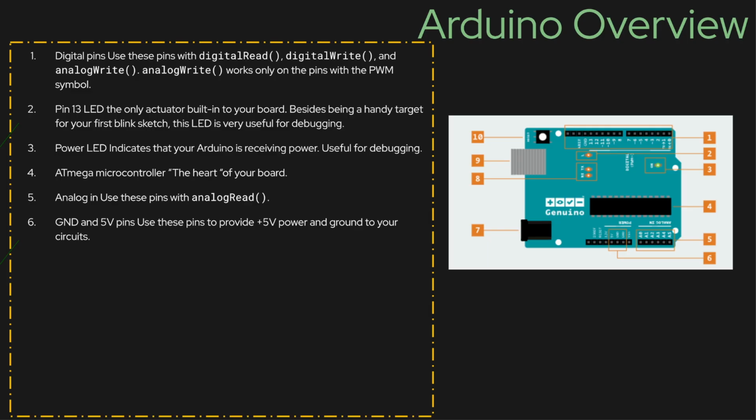And then you have your ground and voltage pins. Arduino is only capable of powering up to 5 volts, so perfect enough for an LED. It can theoretically power a motor. It would be very low powered, not super strong, but it can power a very small motor.